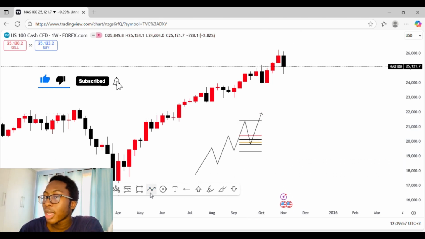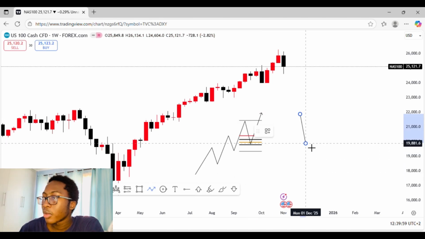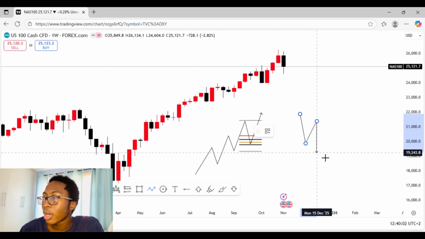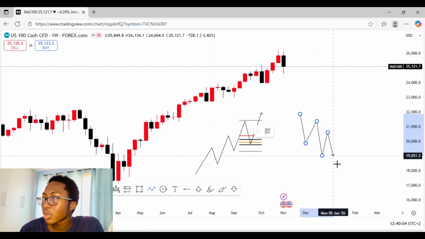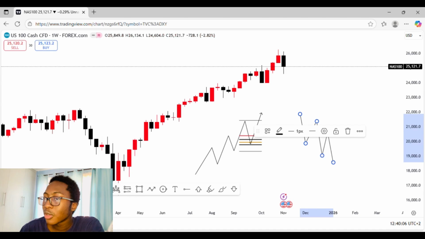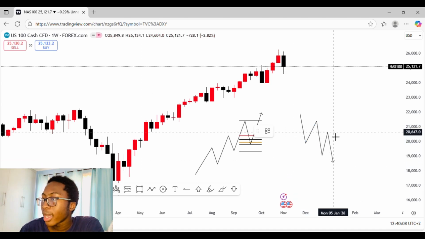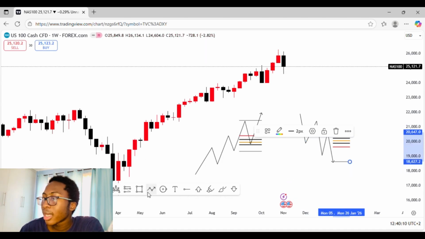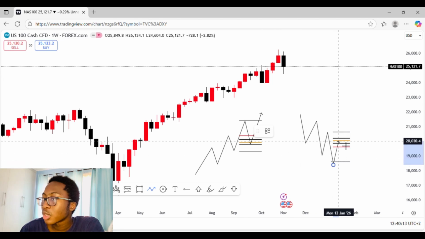Same applies with a bearish structure. If we are bearish, creating lower highs and lower lows, the golden zone can only help you to find that next lower high, guys. That's the purpose of the golden zone.